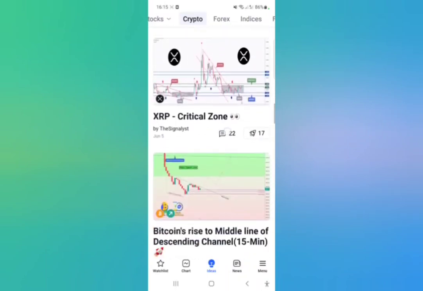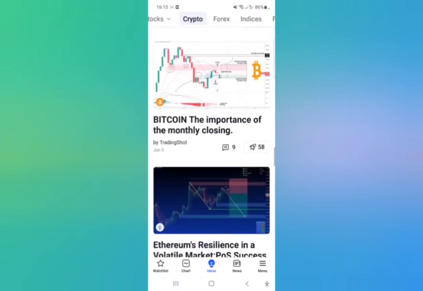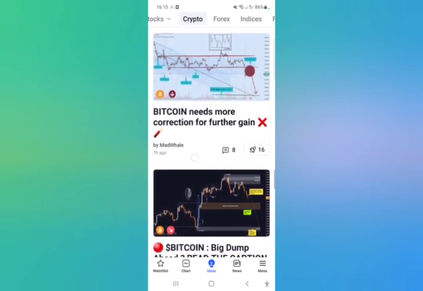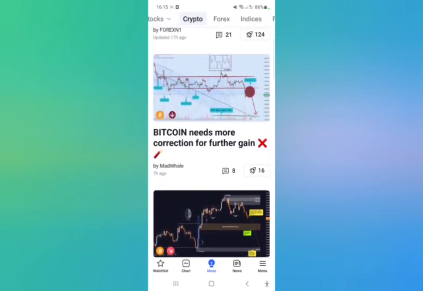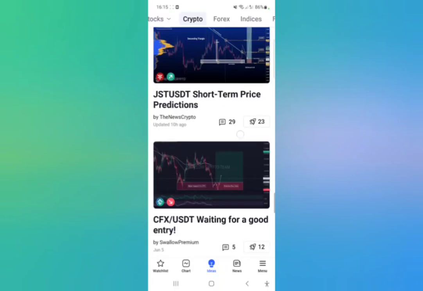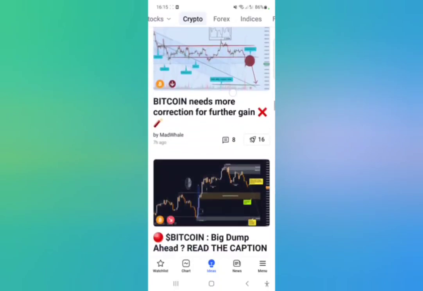So the time is important, so you have to make sure that you are looking for the ones that were sent earlier. You understand? You can see that this one was sent 5 hours ago. These are how other predictors are predicting what will happen with Bitcoin. You can see how they are predicting what will happen with Bitcoin. So everybody is here, and this is why you need to be using your TradingView to get free signals.